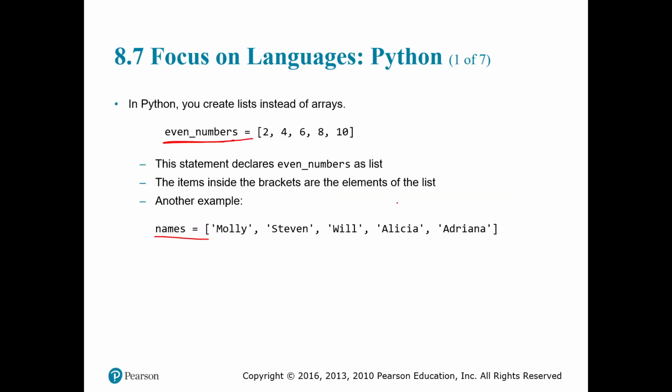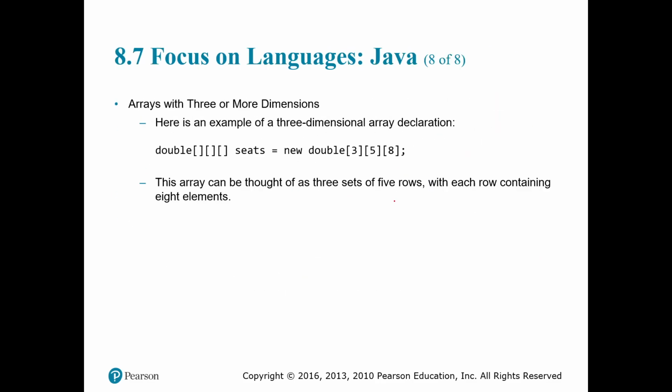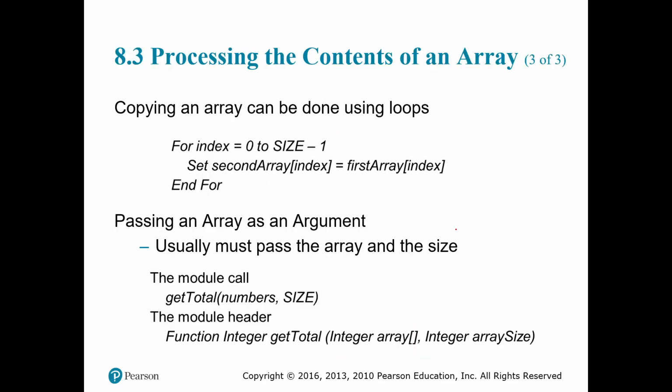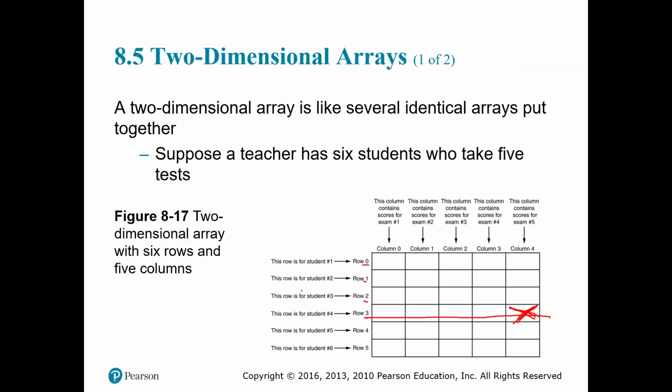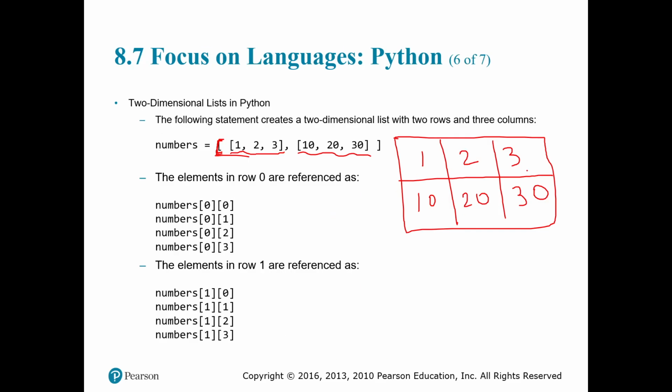Remember that little thing that we had. Let me find. Right here, this figure right here. So this is what it would look like with our Python example. Again, 1, 2, 3, 10, 20, 30. As you can see here, our first array, our second array.